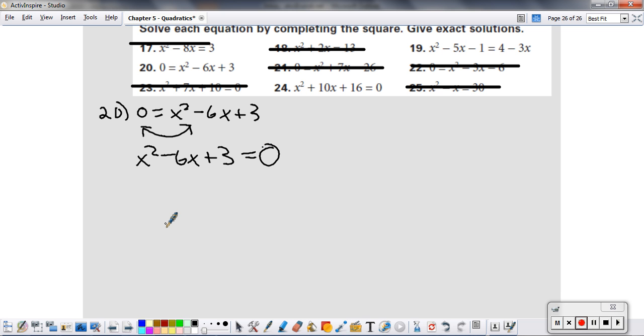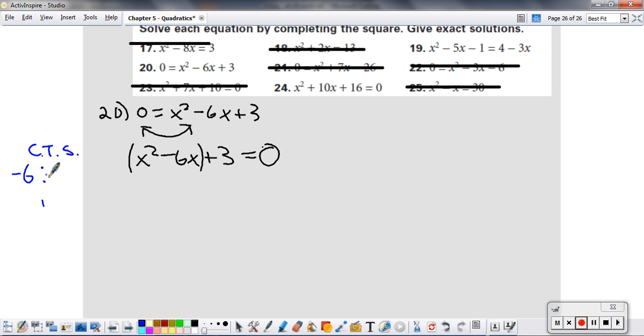Alright. So again, I am going to put parentheses around the x squared minus 6x. And then I am going to, on the side, complete the square. So what number would I take? You said negative 6, then you are correct.